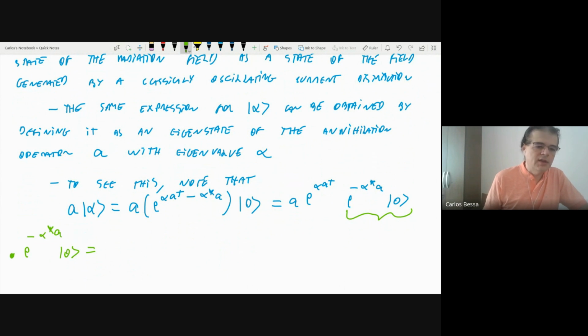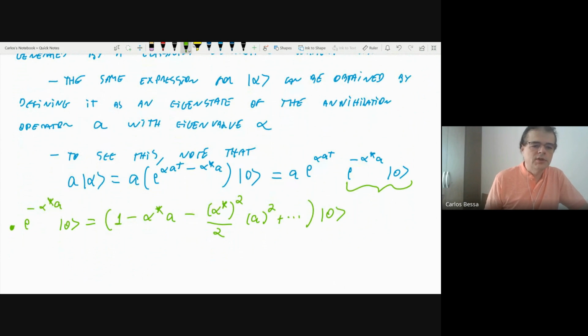We can expand these exponentials. So 1 minus alpha conjugate A plus alpha conjugate squared over 2 A squared plus the other terms, applied to 0. This first guy is 1, like the identity operator, so it will be just 0.